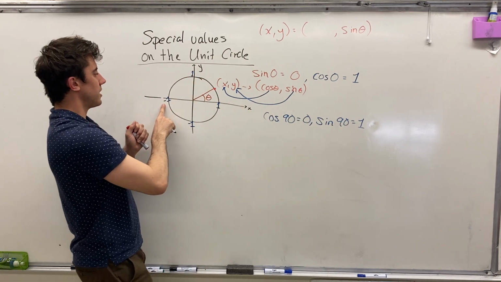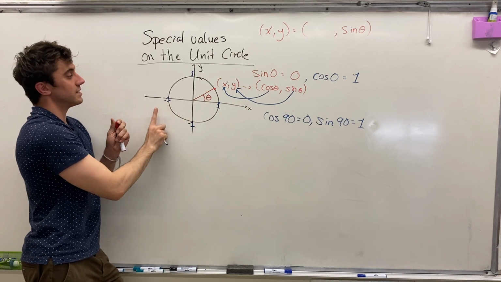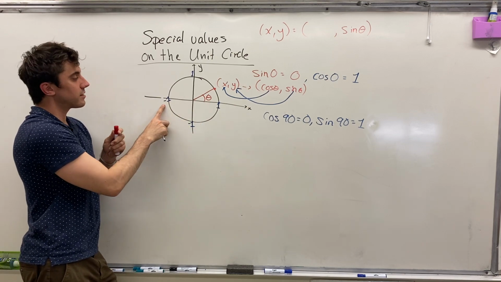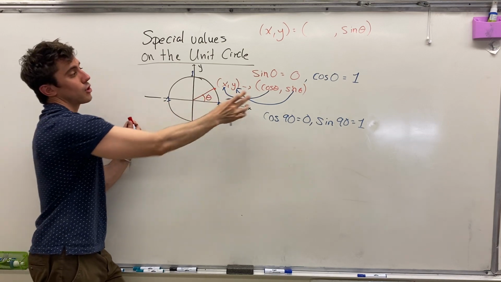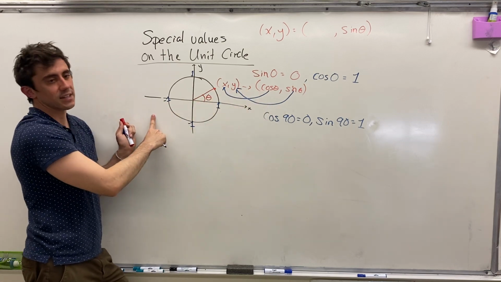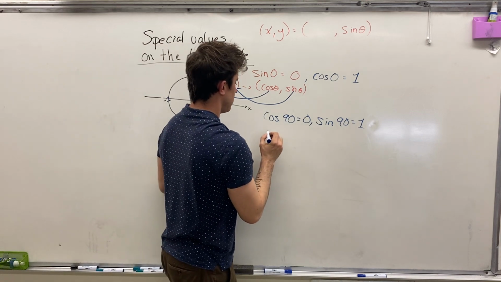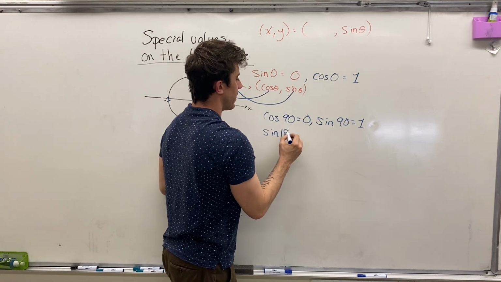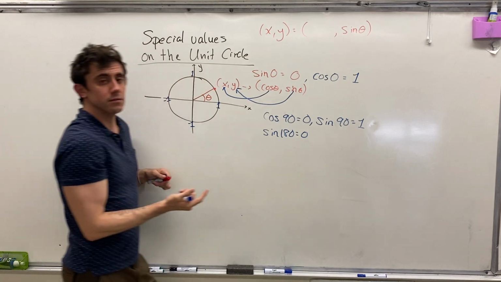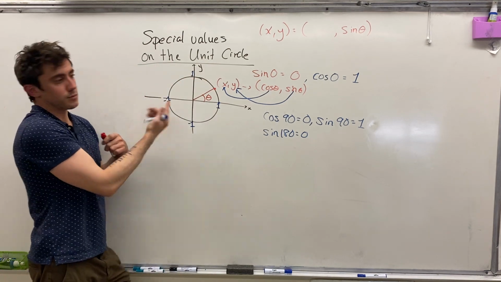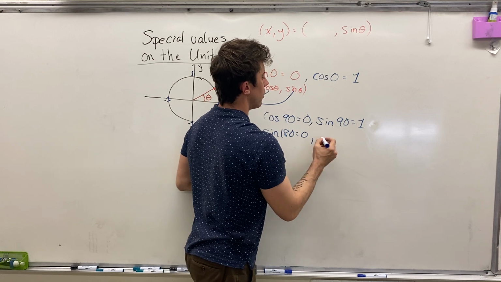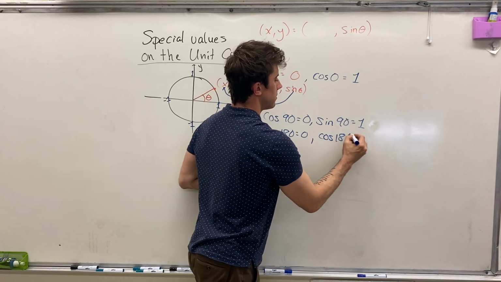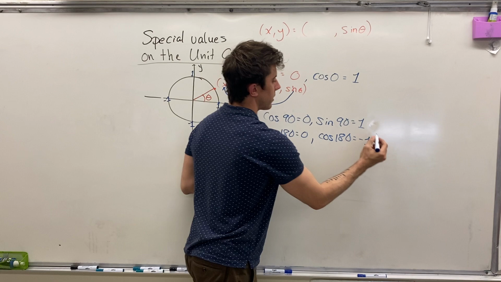Next, we can go to the other side of our unit circle into the negative x direction. So here, sine, the y coordinate, is still going to be 0, but now cos, the x coordinate, is going to be over in the negatives, negative 1. And so sine of 180 is still equal to 0, because the y coordinate at this point would still be 0. And we have cos of 180 is equal to negative 1.